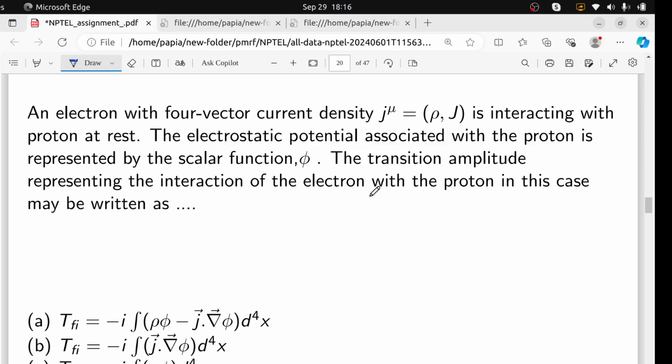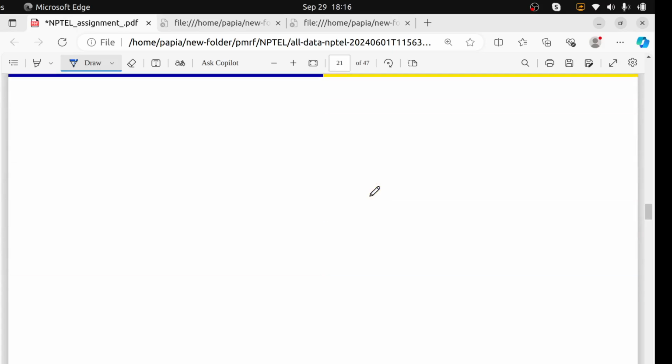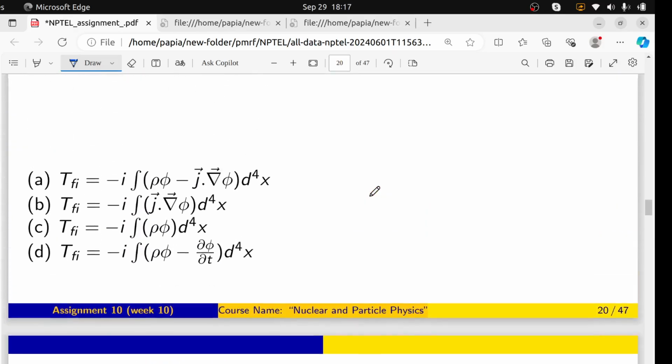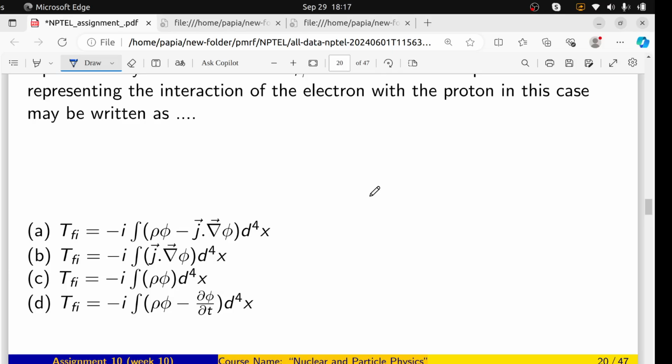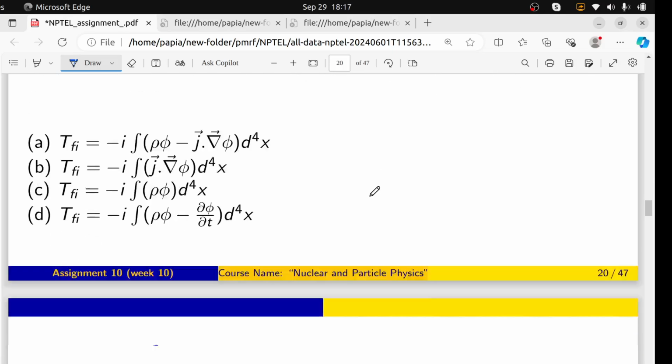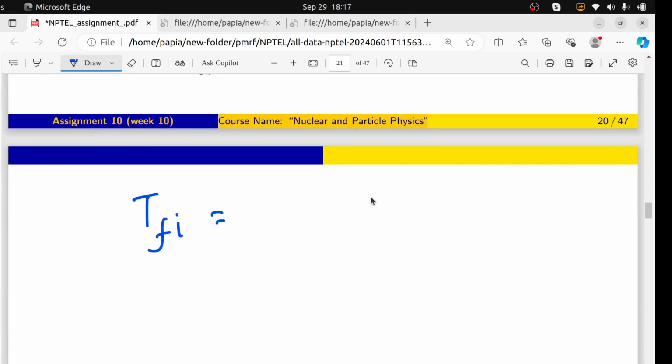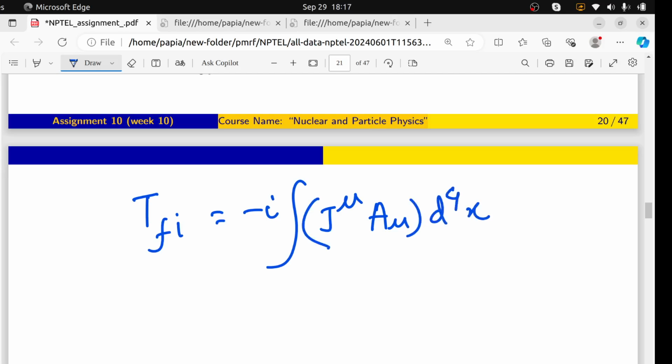So I will simply write the expression for the transition amplitude. T_FI, where F means the final system and I is the initial system. So T_FI can be written as minus i integration J mu A mu d^4x.